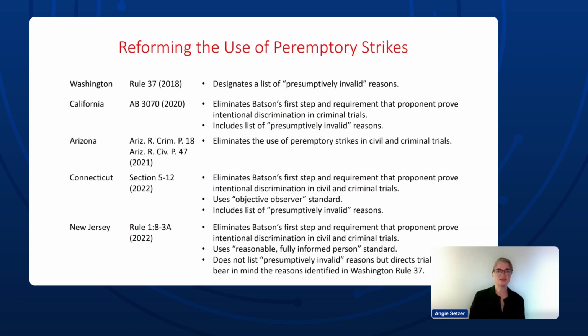California has done something similar where they've created this list of presumptively invalid reasons. Other states have engaged in similar reforms, have established judicial conferences to look at this, and are really trying to figure out how to eliminate racial bias in jury selection.